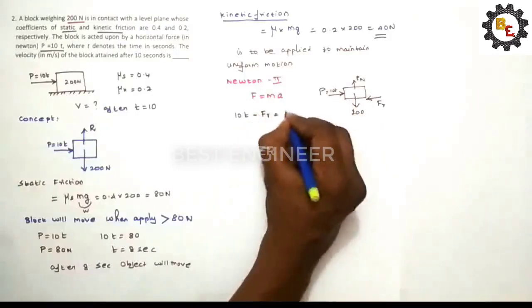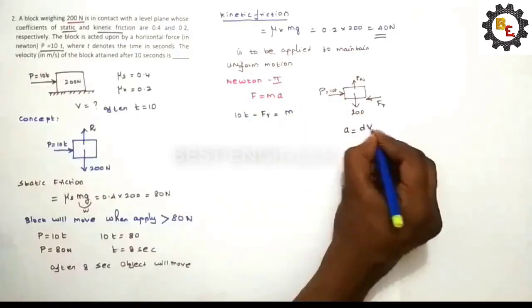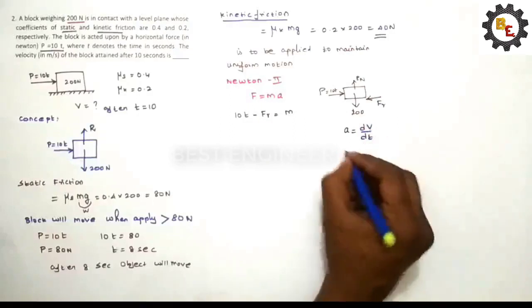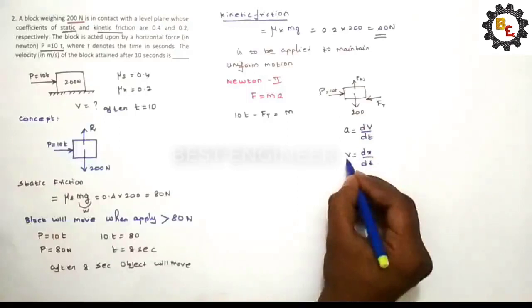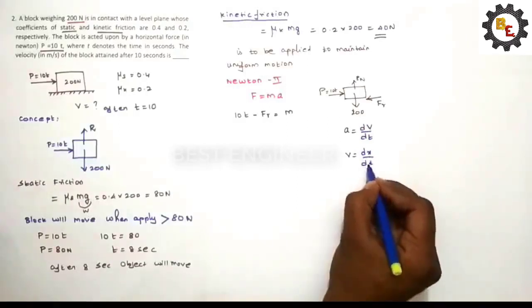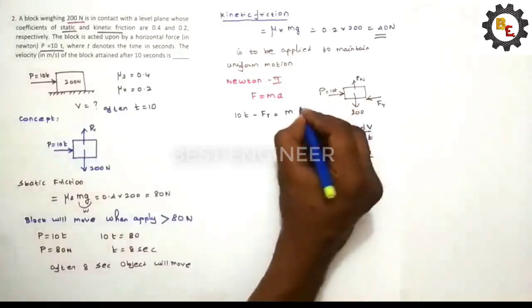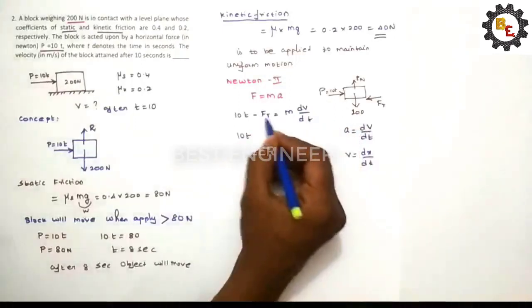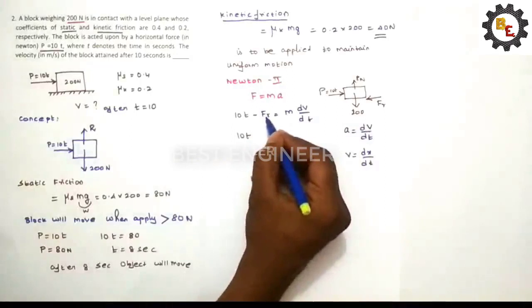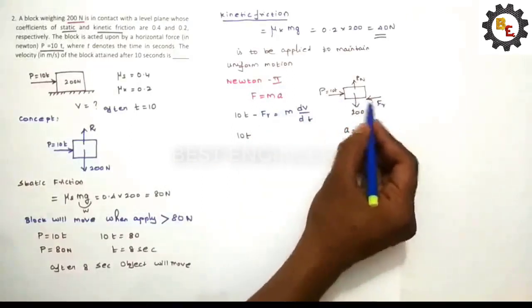That is equal to mass into acceleration, which is nothing but the change in velocity with respect to time. V equals dx divided by dt. Velocity is the change of distance with respect to time. Acceleration is the change of velocity with respect to time. So we can write acceleration as dv divided by dt. We should not get confused: now the object is moving, so the friction force is acting against the object.